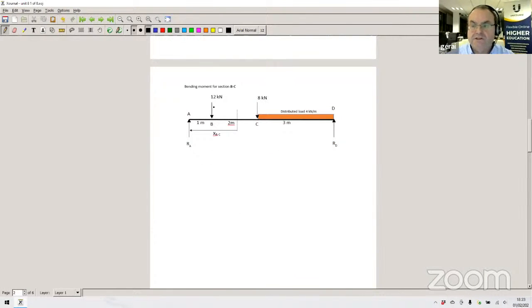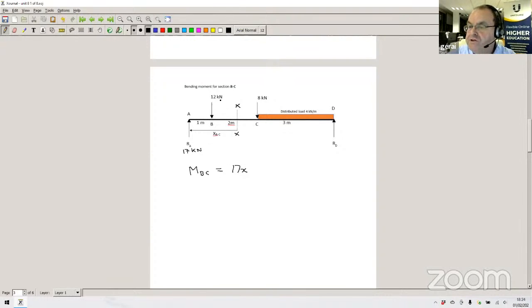Now we move to the next section of beam, section B to C. Again, we put an arbitrary point X between B and C, with the distance from that point to the reaction at A called X. The bending moment M_BC is equal to, first of all, RA, which is 17 kilonewtons, times X, which is clockwise so positive.